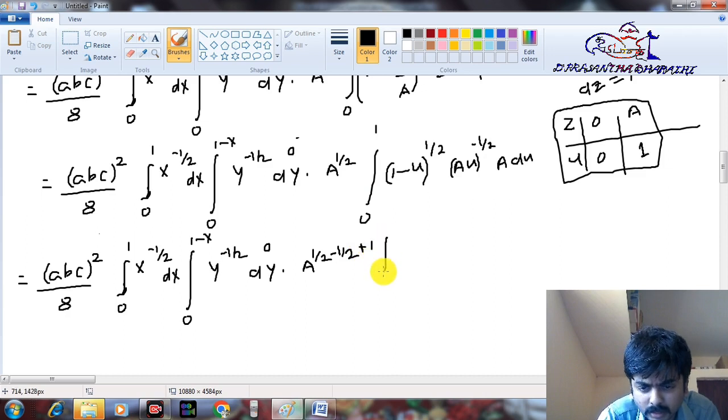Integral 0 to 1, I am writing this u first, u power minus 1 by 2 into 1 minus u power 1 by 2 into du.